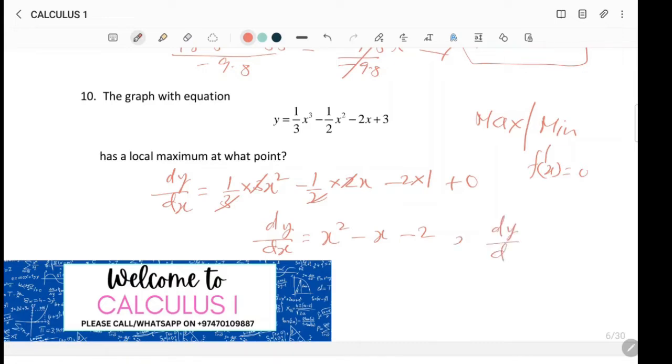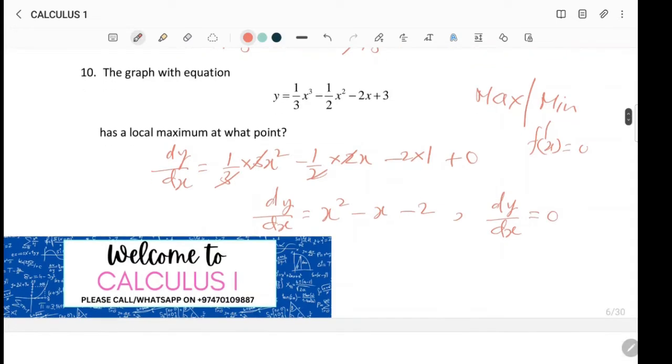Now for minimum or maximum, dy by dx must be 0, okay? So x square minus x minus 2 equals 0. Now we have to find the values of x. We can factorize, but we can use a calculator here.